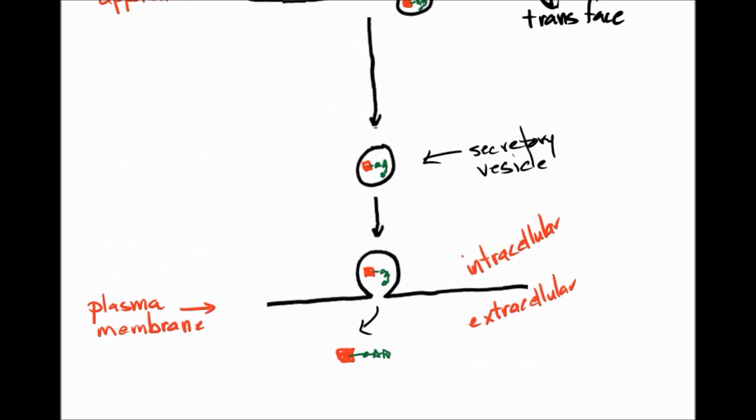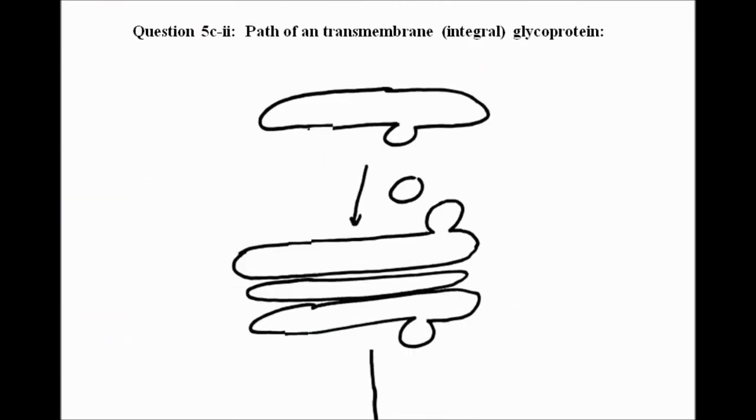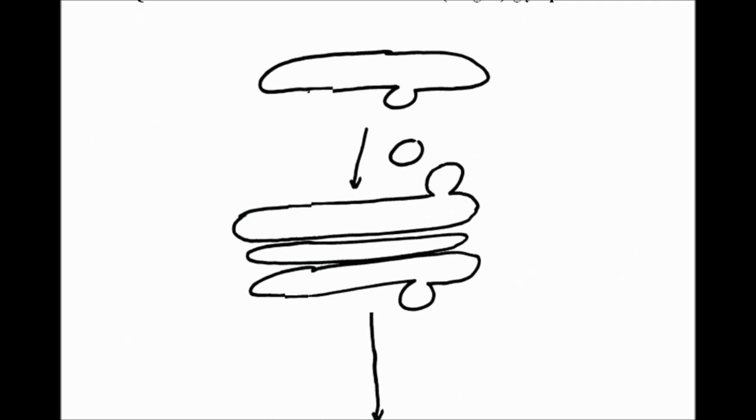Okay, so this is a soluble glycoprotein, but what about a transmembrane glycoprotein? Well, in a transmembrane glycoprotein, the protein is still produced by ribosomes on the surface of the endoplasmic reticulum.